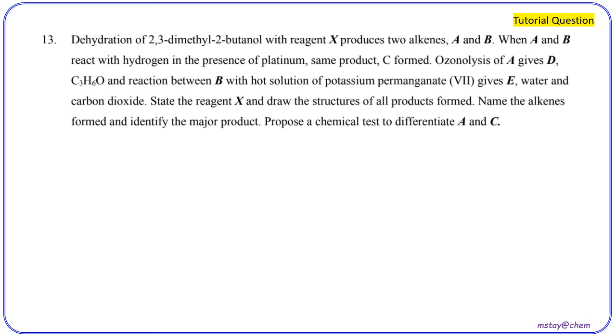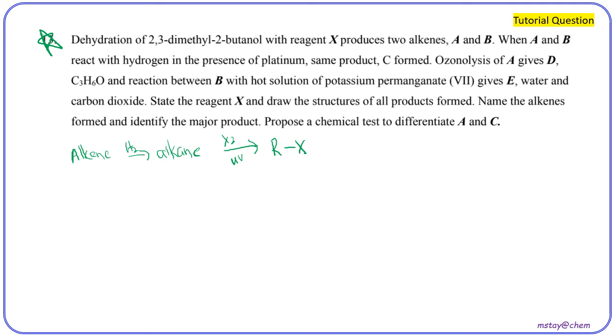Okay, let's look at tutorial question 13. When we look at a question with a paragraph like this, it means that this question will involve more than one reaction and maybe also relate to other chapters. For example, as we know, alkene reacts with hydrogen to produce alkane. If alkane undergoes halogenation in the presence of UV, it will produce haloalkane.